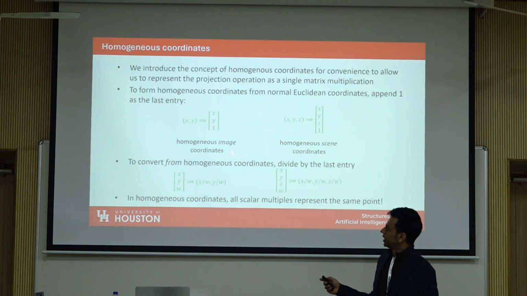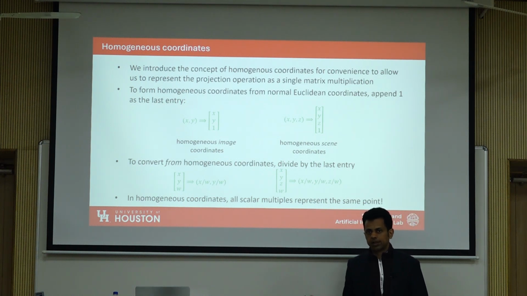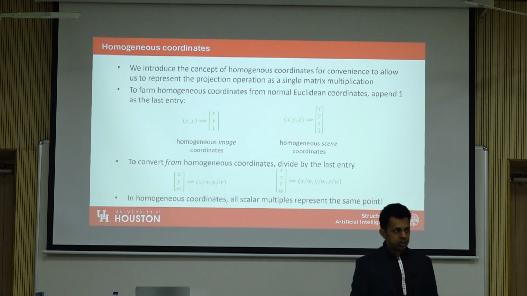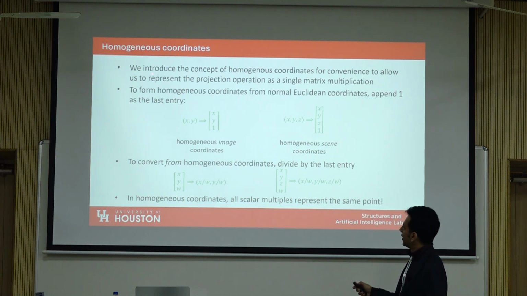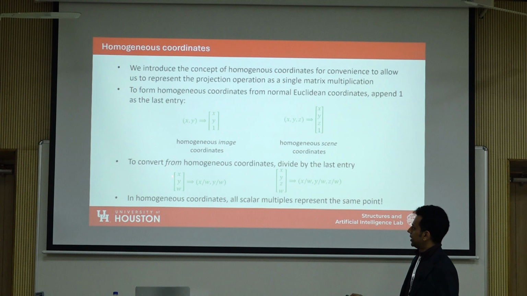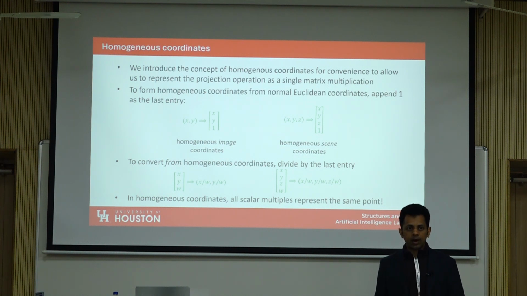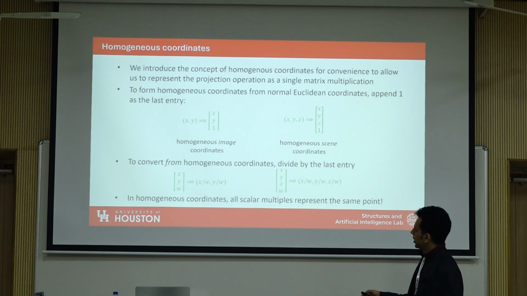From the homogeneous coordinates, if you want to recover your absolute coordinates, then you simply divide by the value of your last dimension, right? So say my homogeneous coordinates after some transformation becomes x, y, w. Then I need to make sure the last dimension is 1, so I divide everything by w. And so it becomes x over w, y over w, and similarly here for the scene coordinates as well.